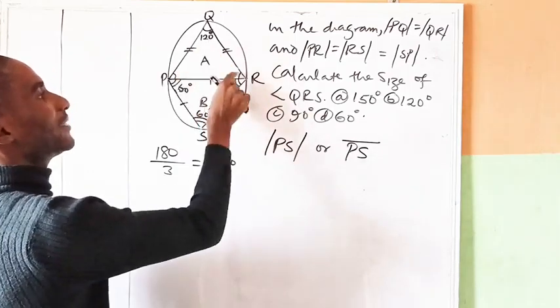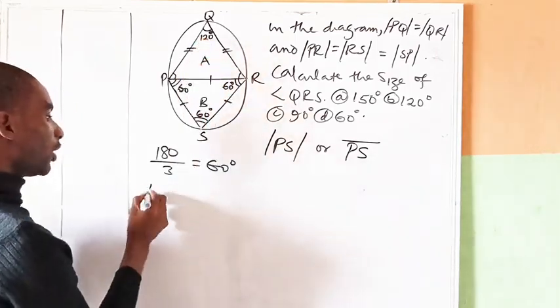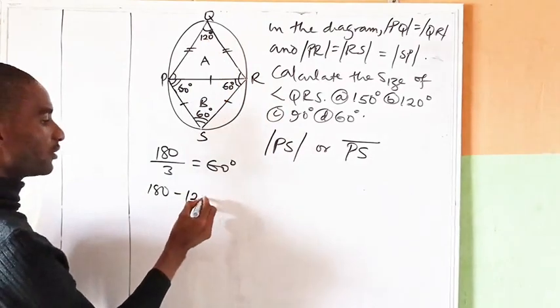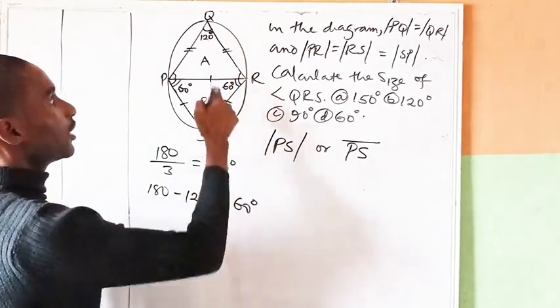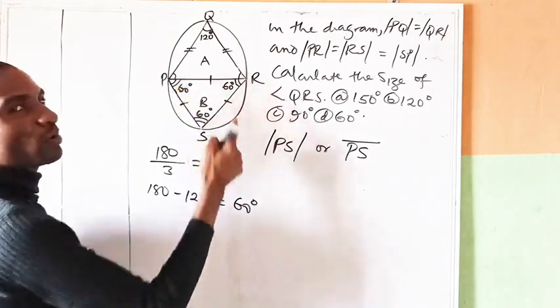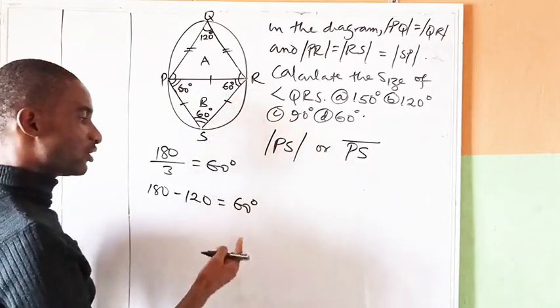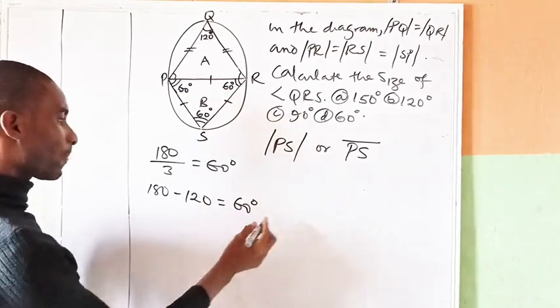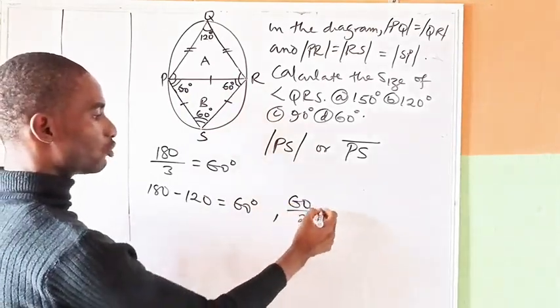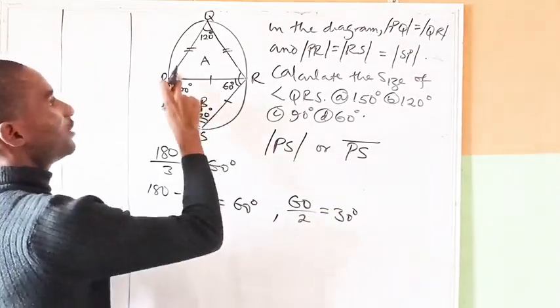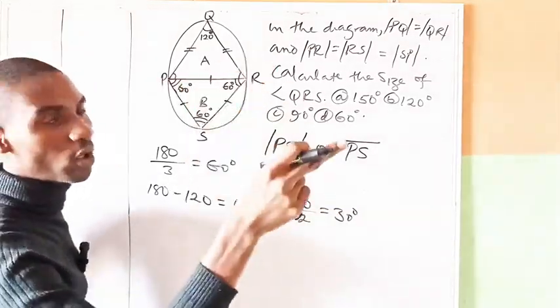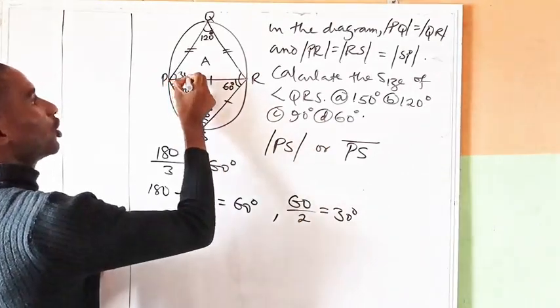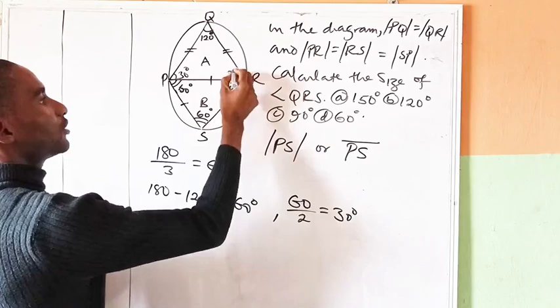So the first thing is 180 minus 120. That's going to be 60 degrees. So these two angles will sum up to give you 60 degrees, and I'm going to divide this by 2. So 60 divided by 2 is 30 degrees. So these two base angles, which are equal, are 30 degrees each. So 30 degrees here, 30 degrees here.